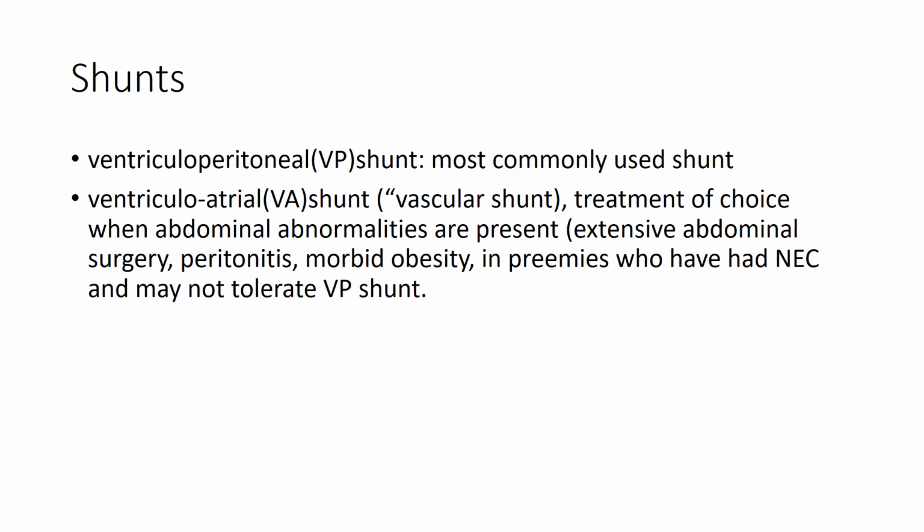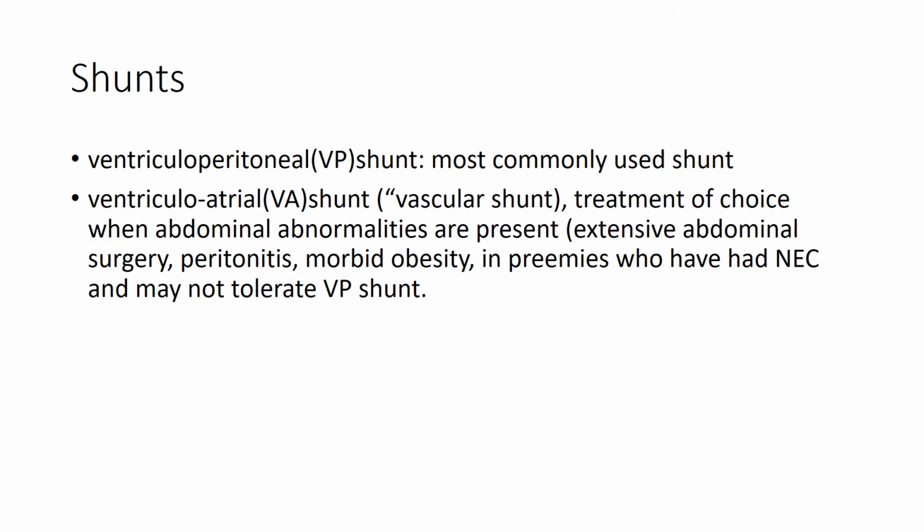Okay. Second type is the ventricular-atrial shunt, down from the ventricles to the atrium of the heart, which is called a vascular shunt. We use a ventricular-atrial or VA shunt when we can't put a ventriculoperitoneal shunt.